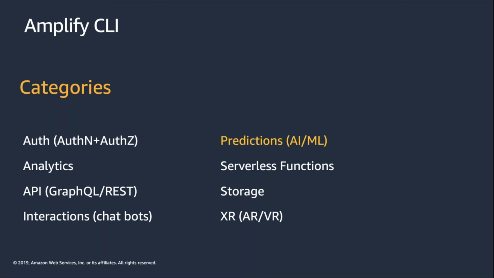Serverless functions, if you want to create Lambda functions. Remember earlier we talked about building a full stack serverless app, so the entire infrastructure that Amplify CLI sets up is serverless. Then you have your storage, and then XR. The XR category is for augmented reality and virtual reality use cases. So if you want to build Sumerian powered apps in the backend, XR is the category that you use.